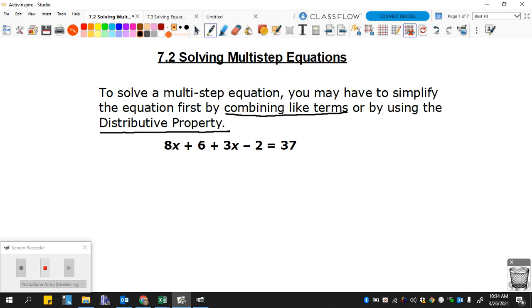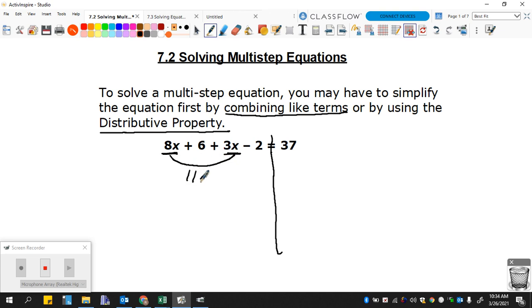This very first example I've got here is one where we have a big long string of numbers and variables. But the process is still the same. The first step is to draw a line down through the equal sign, and then we're going to combine the 8x and the 3x because those are like terms. 8x and 3x is 11x.